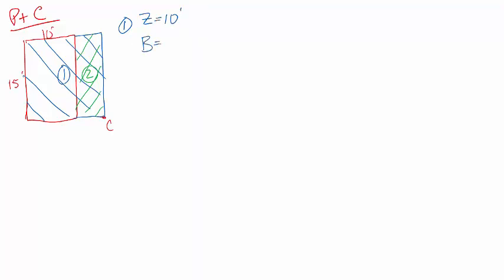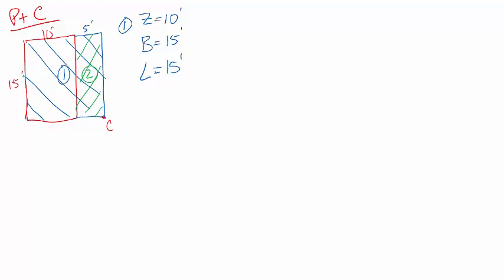B is now not 10 feet, but 15 feet, because remember, this part here is 5 feet. And then L is also 15 feet. It's now a square, but it's at the corner.